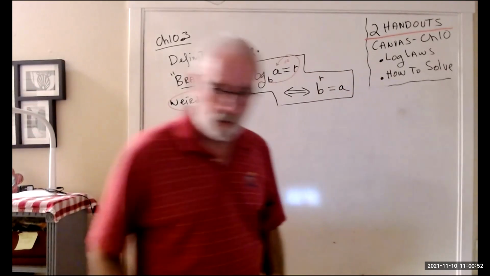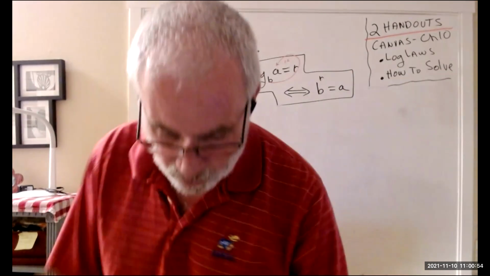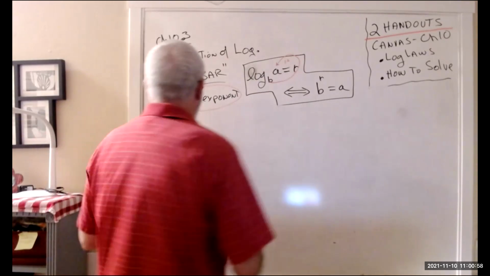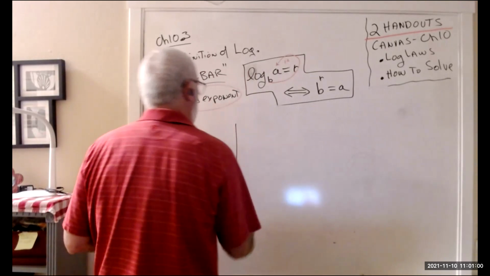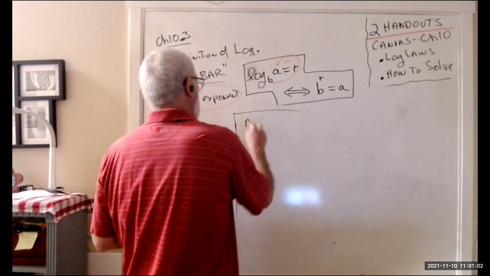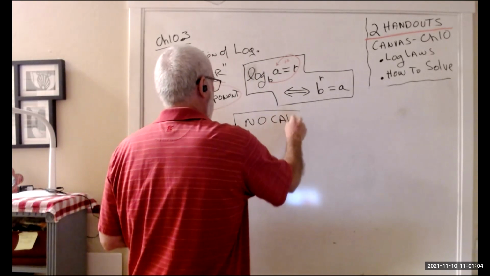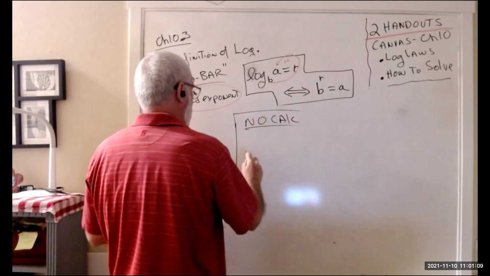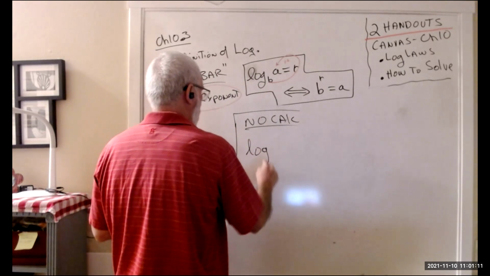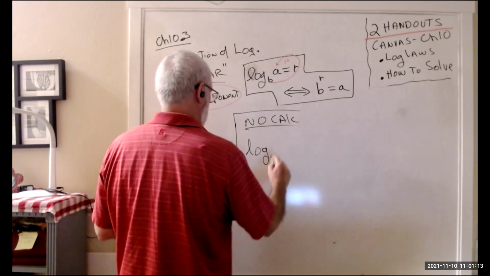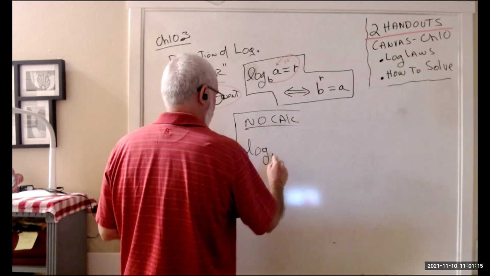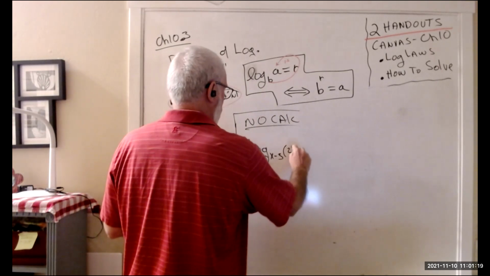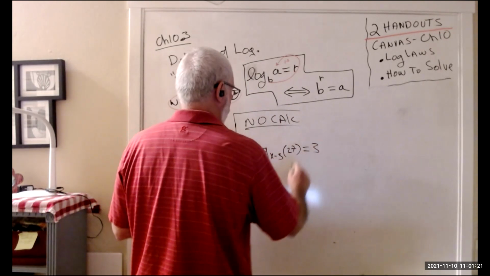I want to give you two real quick questions. On these two questions, I want you to use no calculator, to the best of your ability. Number one: log base x minus 3 of 27 equals 3.